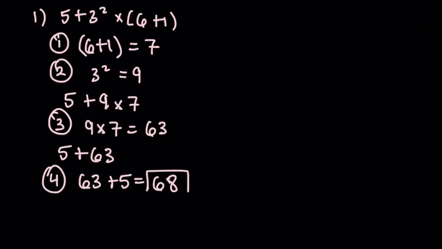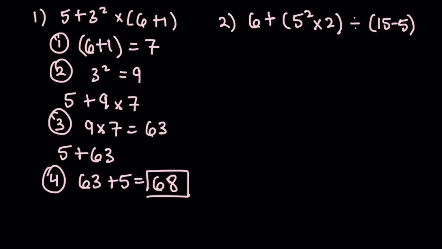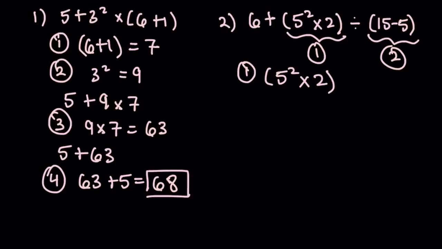Another example problem is 6 plus the quantity of 5 squared times 2 divided by the quantity of 15 minus 5. In this expression, we have 2 operations inside parentheses. So first we will do 5 squared times 2, and then we will do 15 minus 5. When you are doing 5 squared times 2, you first need to expand 5 squared into 25 before multiplying it by 2 to get 50.